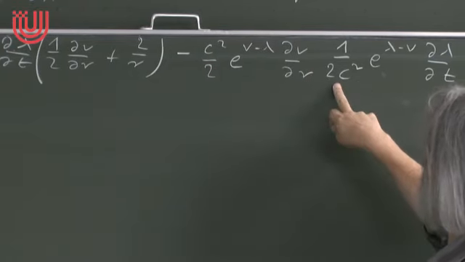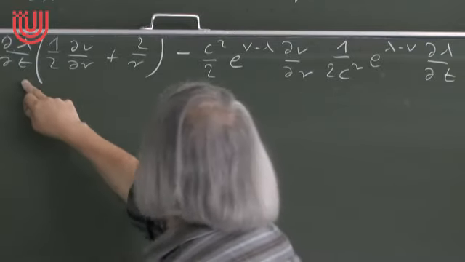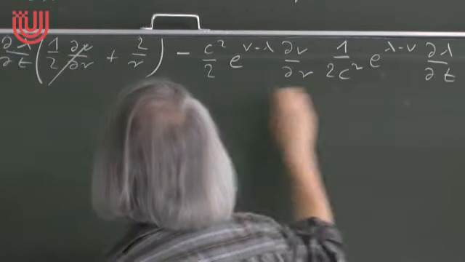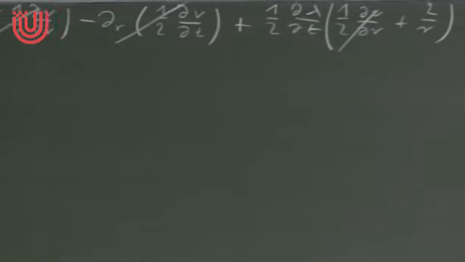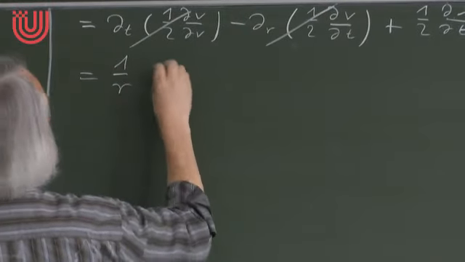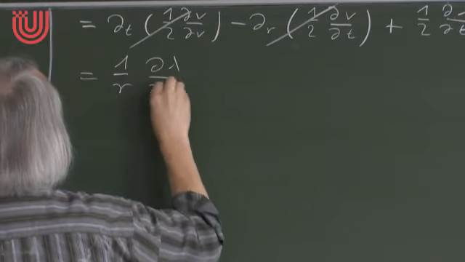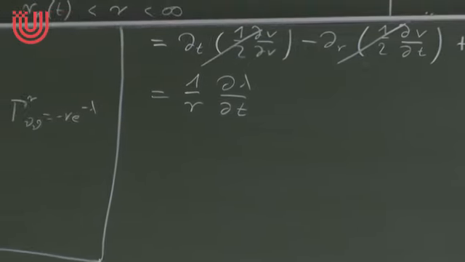Then I get 1 over 4 d nu by dr d lambda by dt, and here I get the same term with a plus. So this cancels this here. And I get a comparatively mild result, 1 over r d lambda by dt. That's it. So that's the TR component.